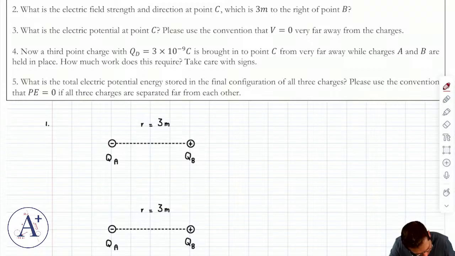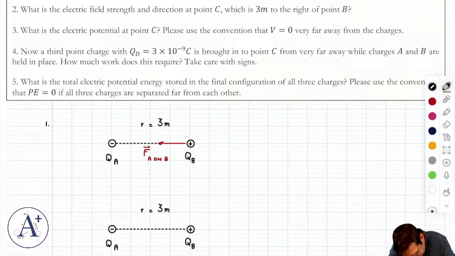But we know that opposite charges attract. The force of A on B is going to point to the left, and it's going to be given by Coulomb's law.